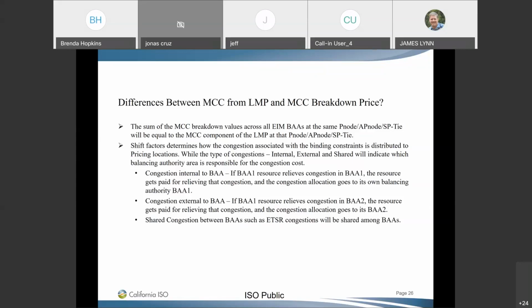But I do have the ability to prove that at a specific nodal location, based upon the instructed imbalance energy and UIE and all that stuff, that times that breakdown will result in these costs. I've done it for balancing authority areas in the past. If we need to, we can go through that, but understand that it does work, and it does calculate what the cost should be.